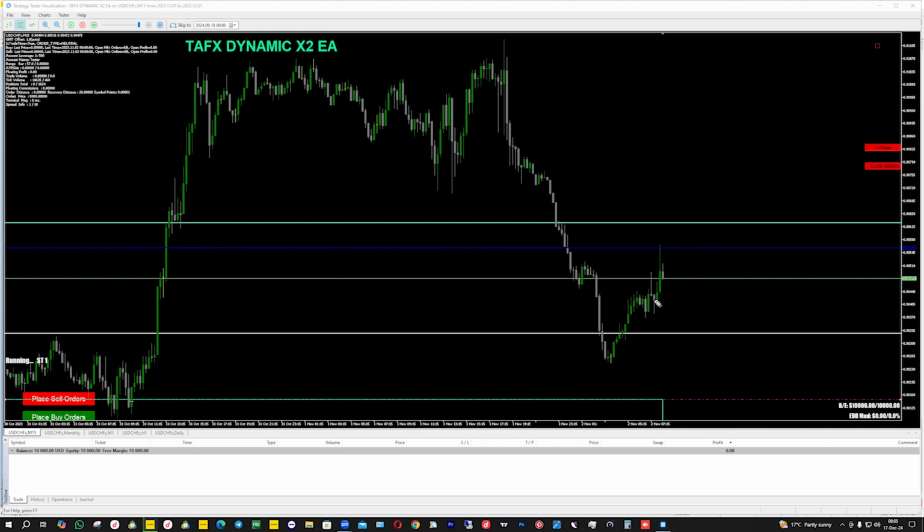So the moment the market takes out this candle, why are we saying this candle? Because the lower price of this candle is greater than that candle. So this is the area and this is the area.